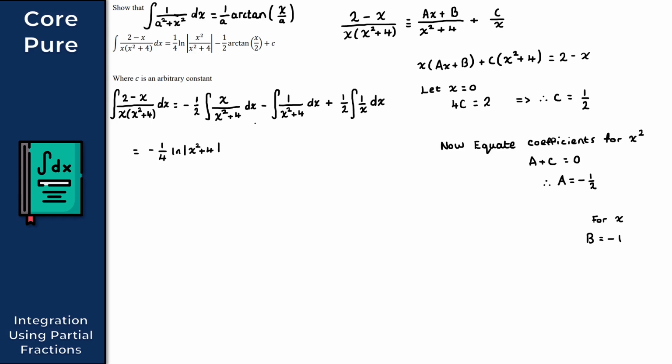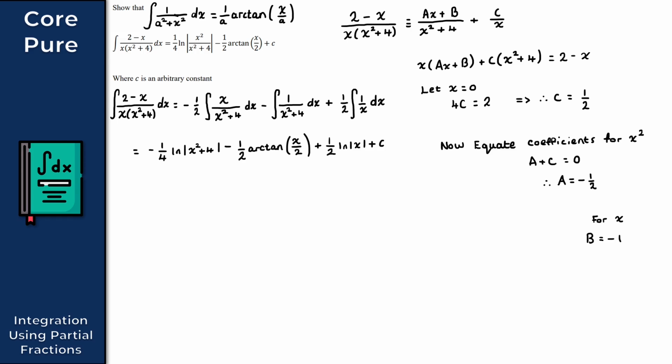In that case, a squared is 4, so a is 2, so I get minus 1 over 2 arctan of x over 2. Nice and straightforward. And then finally, this integral should be nice and straightforward. I simply get plus 1 over 2 ln x. And at the very end, don't forget our constant of integration plus c.